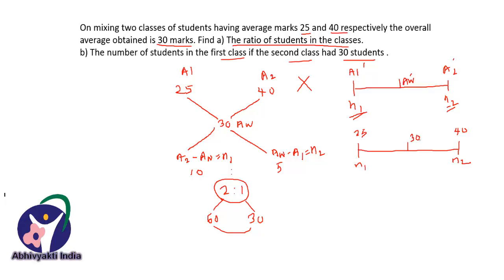And now N2 will be equal to 30 minus 25, that will be 5, and here N1 will be 40 minus 30, that will be 10, and so it will be in the ratio of 10 is to 5, that is in the ratio of 2 is to 1. And if one class has 30 students, then definitely another class will have twice of it, that is 60 students.